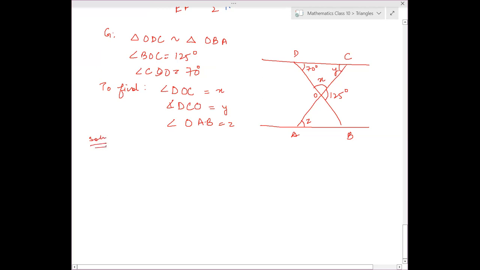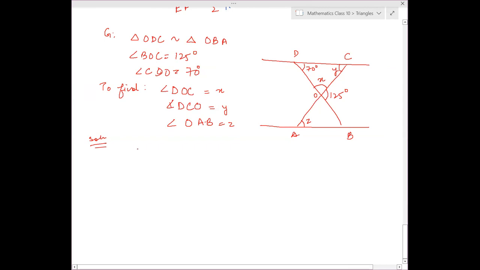So first of all, tell me, what should I do? Any idea? Angle X is very easy to find. How can I find it? 180 minus 125.